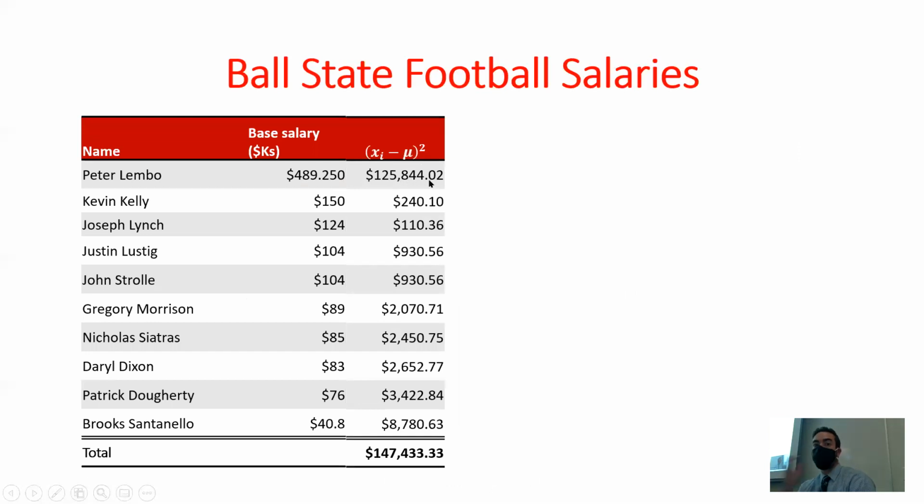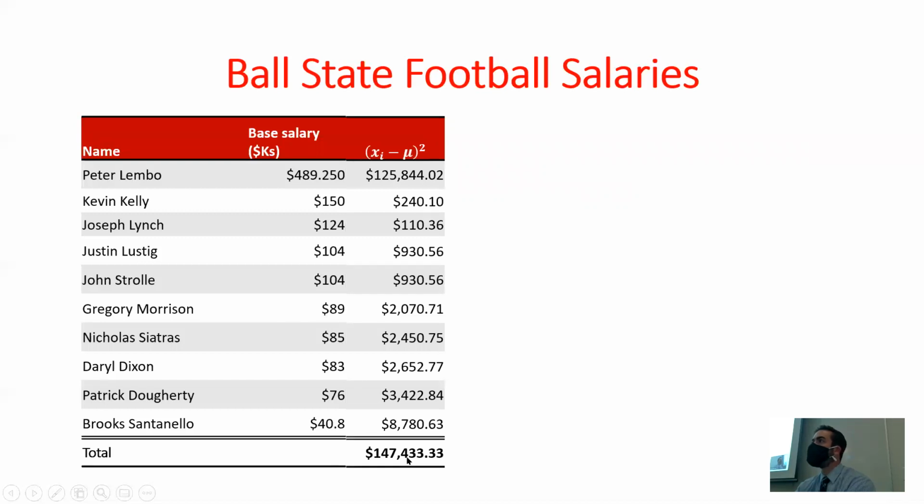So what I would do is I'd go through every single observation: 489 minus that 134.5, square it, write that number down. 150 minus 134.5, square that, write that down. Do that for every single observation. Once I do that for every single observation, I'll add all those deviations squared up.